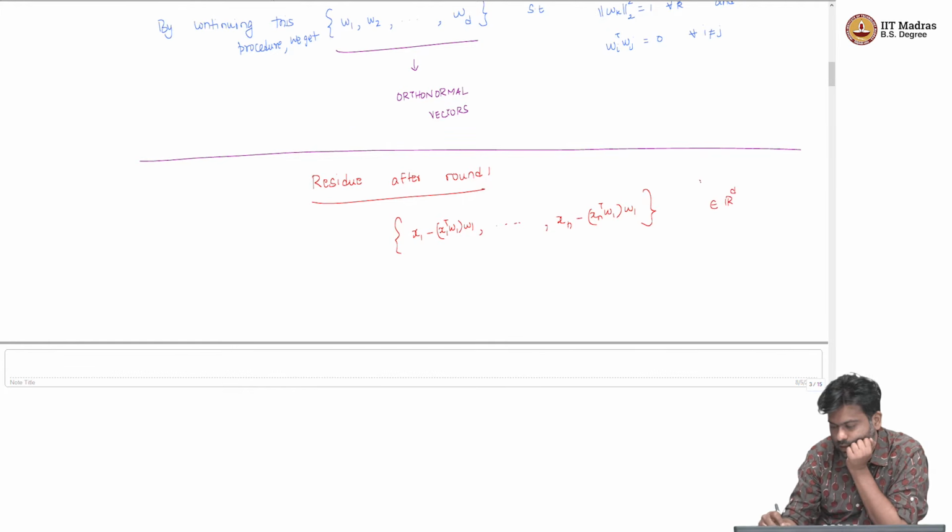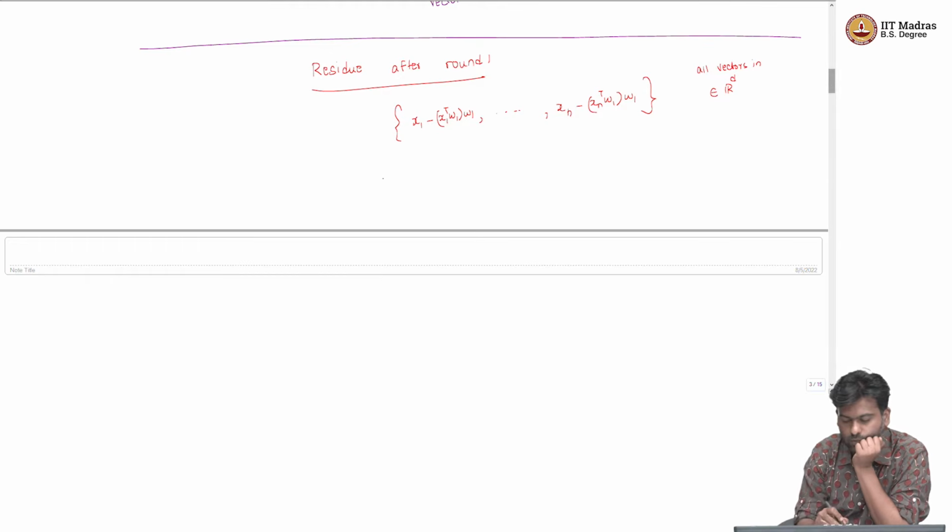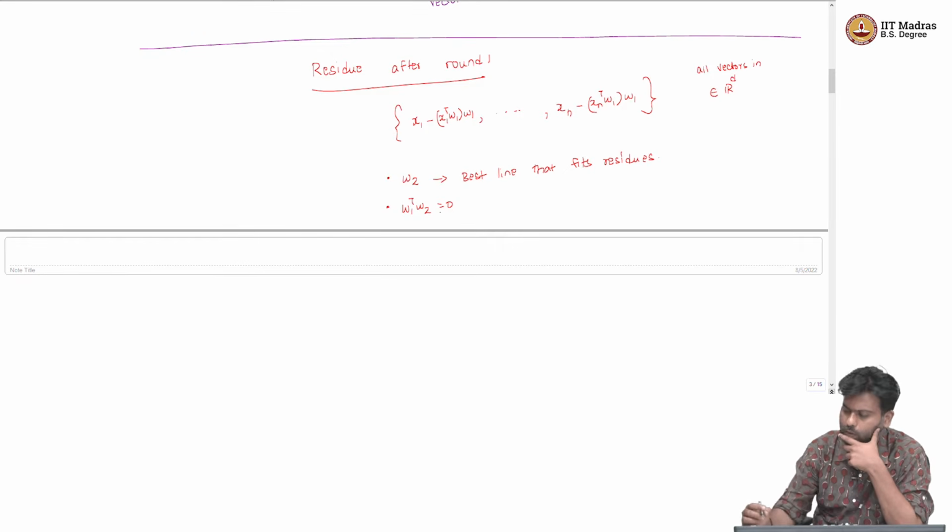So, all vectors in R^d, those are the error vectors. Now, from this we find W2 and we know W1 transpose W2 is 0, right. So, this is the best line that fits the residues. Fine, that is good. Now, we have two W's.